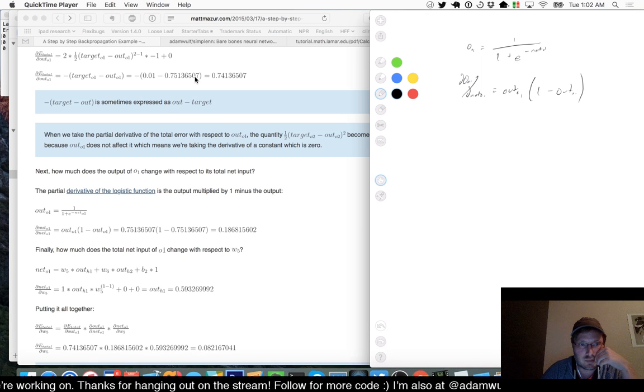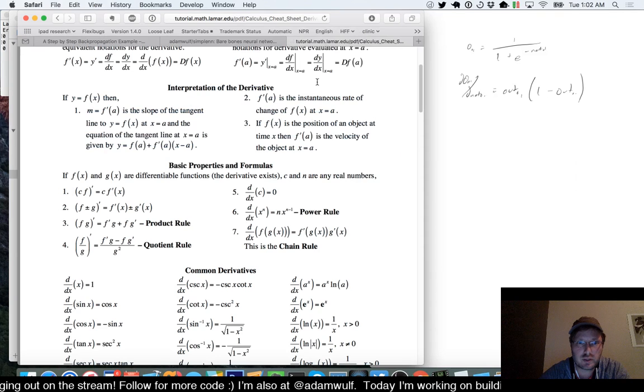I believe him, but it's been a long time since I've derived any of that kind of stuff. It's probably on my little math cheat sheet here somewhere.